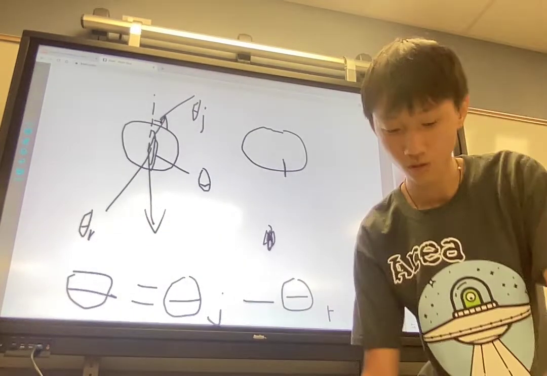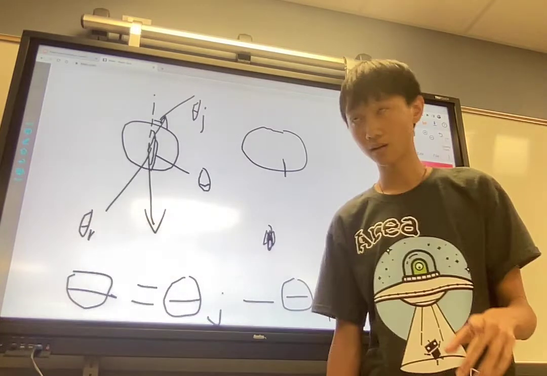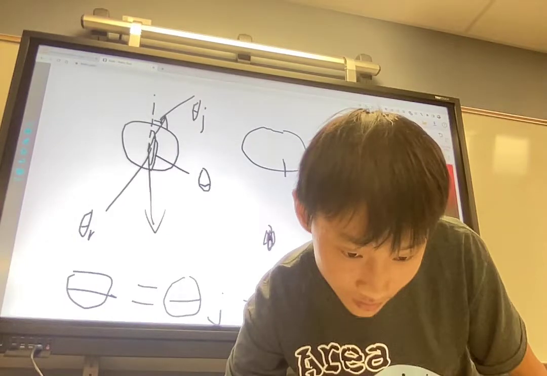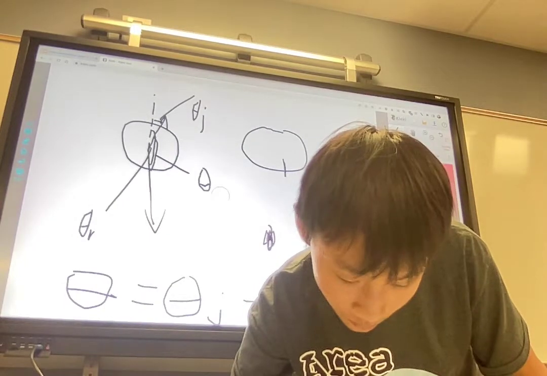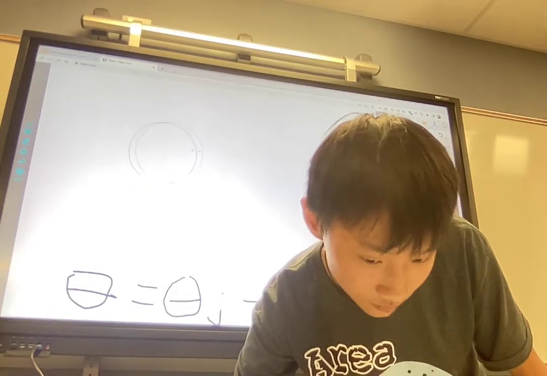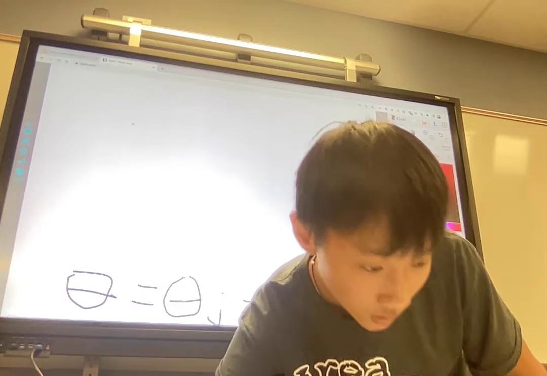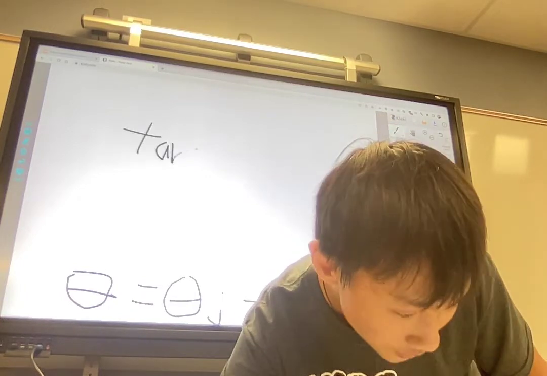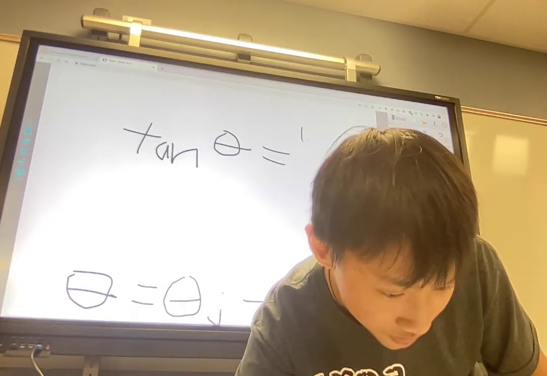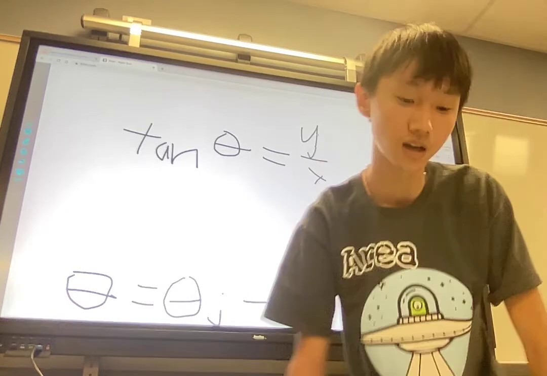So we're going to use an inverse tangent function. Let me just write it out. Normally it'd be tangent theta equals opposite over adjacent, which is y over x. But we're actually going to flip this.